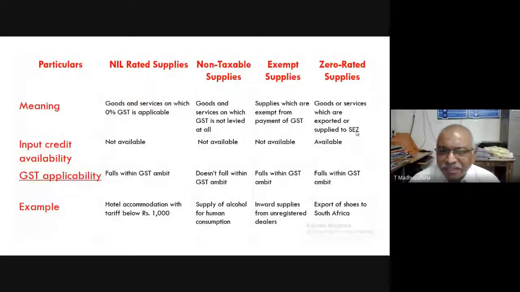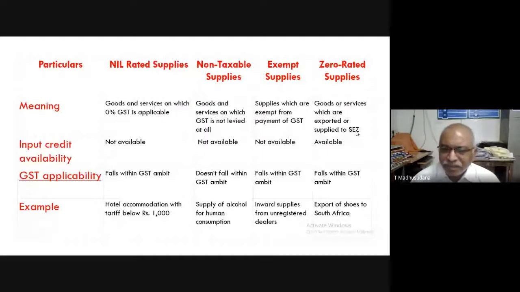Above 1000 rupees, you have to pay GST. Next, non-taxable supplies. The example is supply of alcohol for human consumption. That means on alcohol there is no GST. It is not taxable. It is not under the purview of GST.